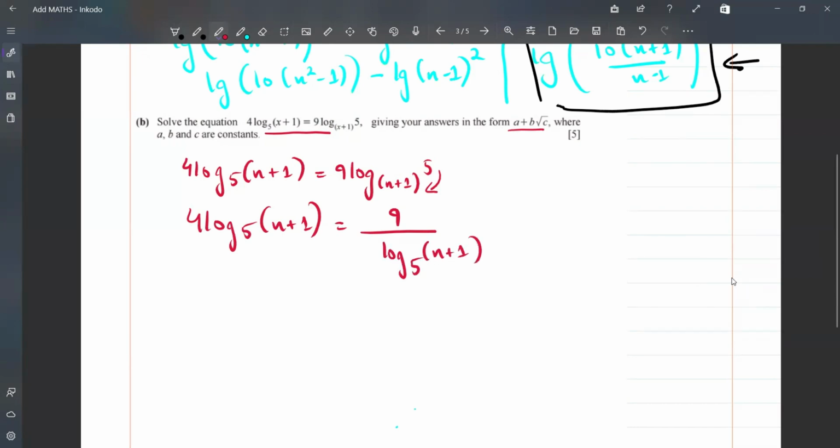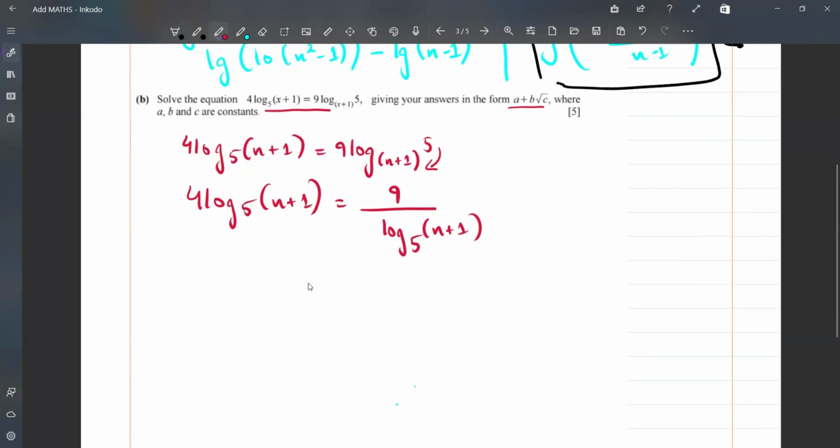All right, now let's take an assumption. Let log₅ x be equal to y.